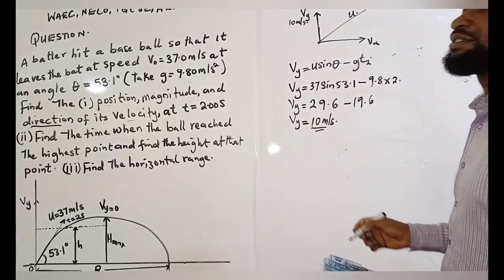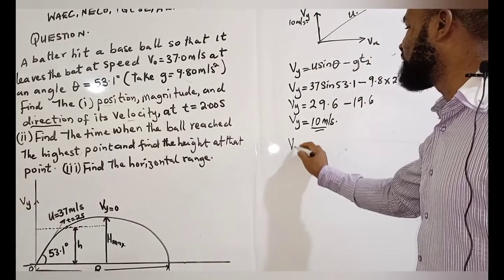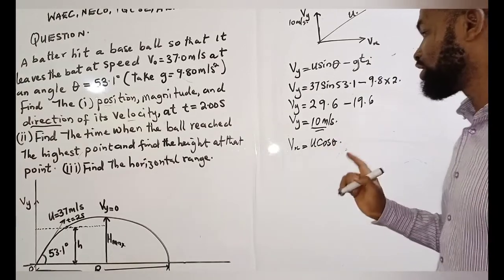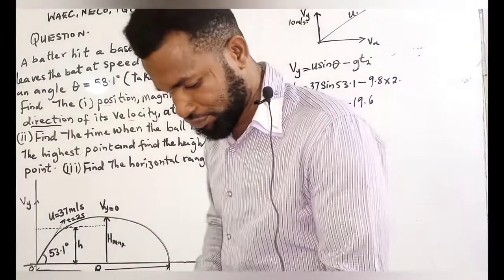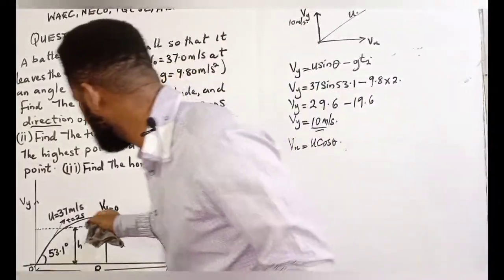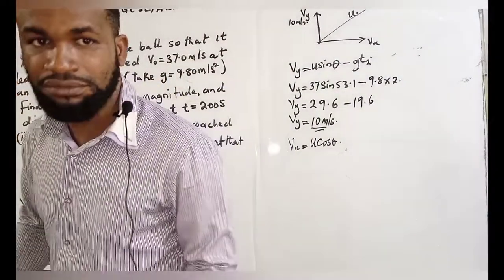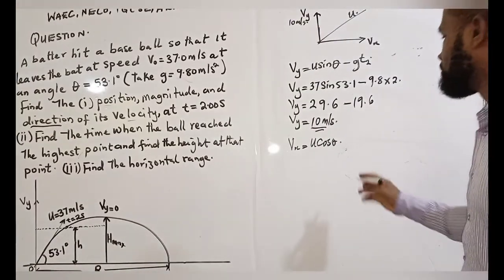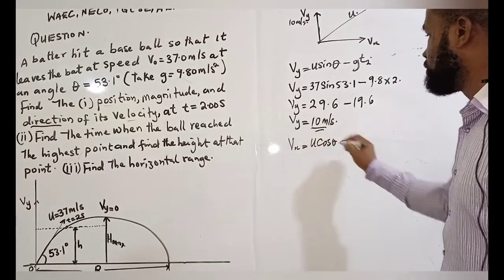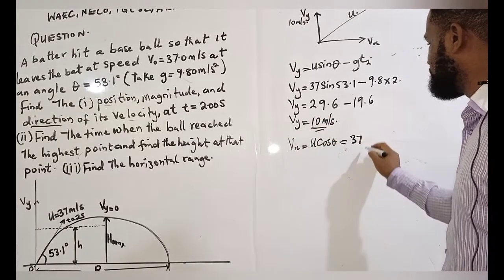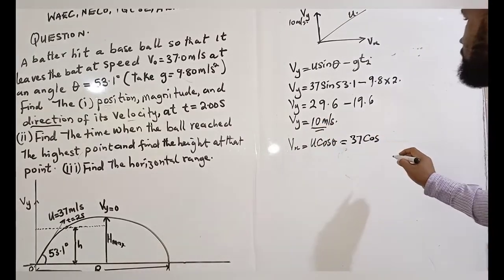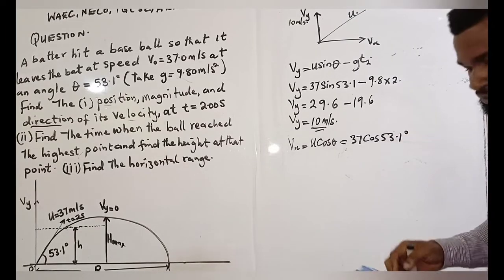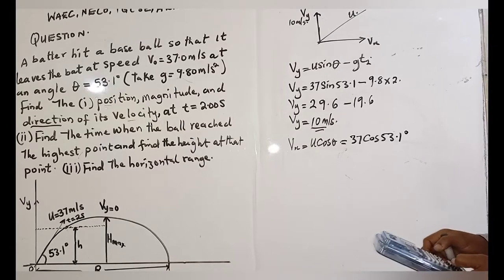Let me find Vx. Vx is u cos theta, which does not change. So u is 37 cos 53.1 degrees.